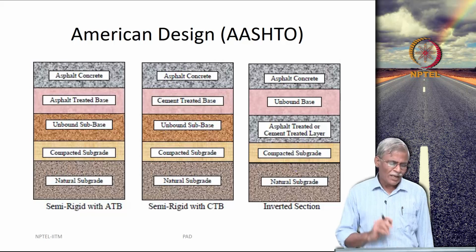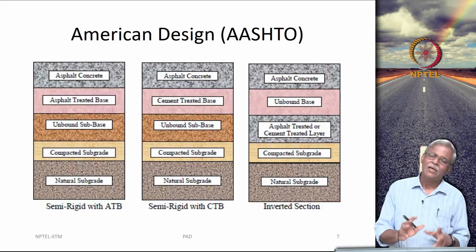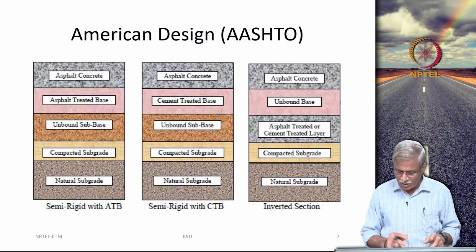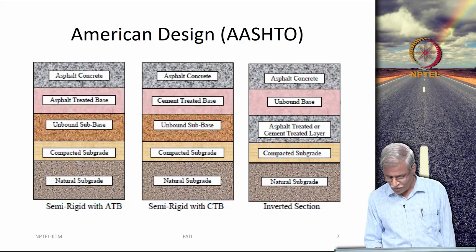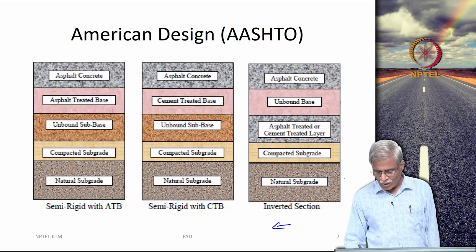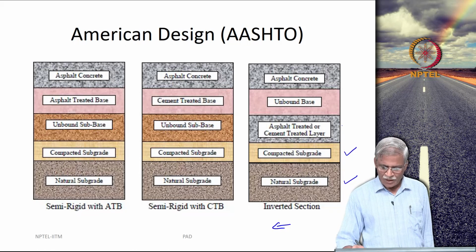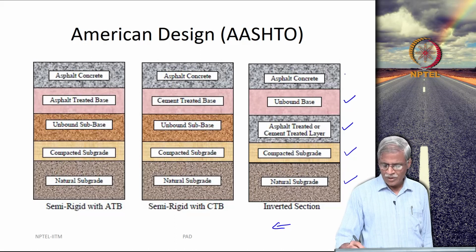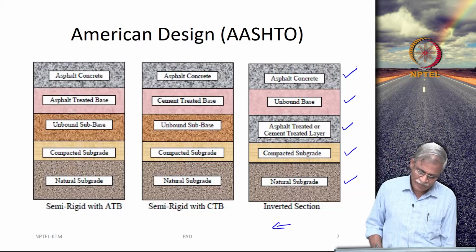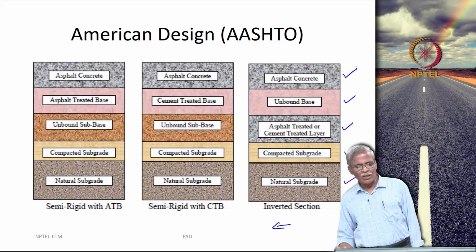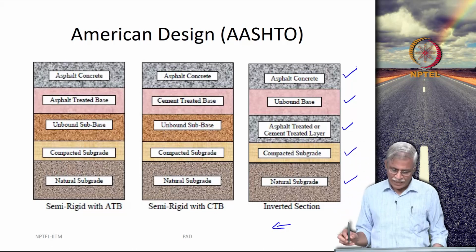Then you also have different inverted cross sections here. So, we will go from this side. Okay, so, there is a natural subgrade, there is a compacted subgrade, then you have a cement treated layer and an unbound base and an asphalt concrete layer. Okay. Now, why is this called as an inverted layer?